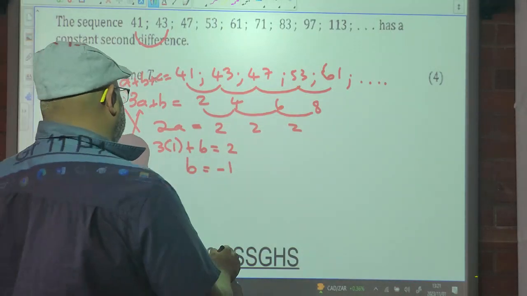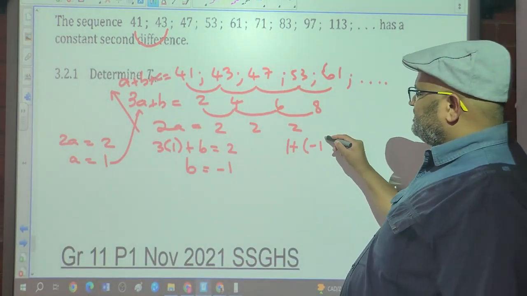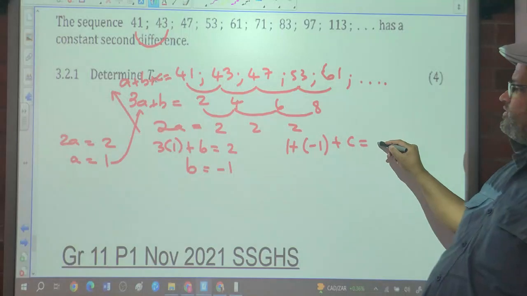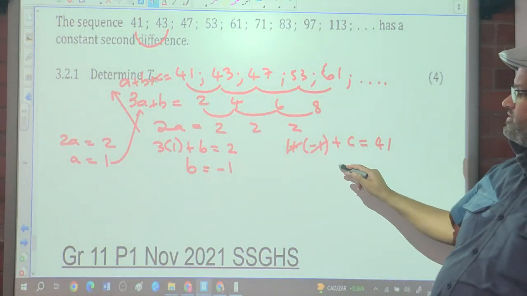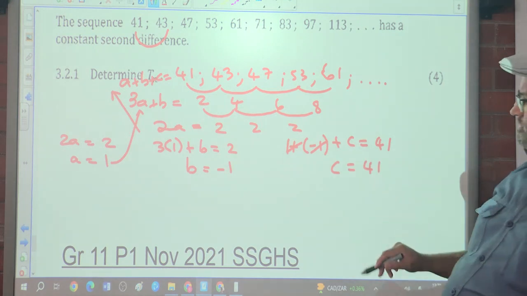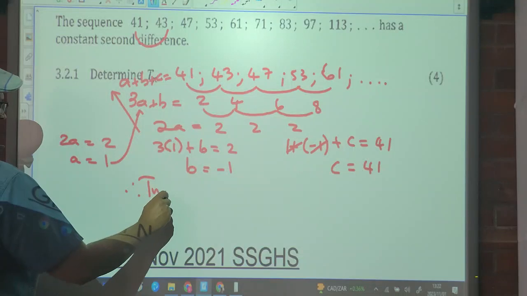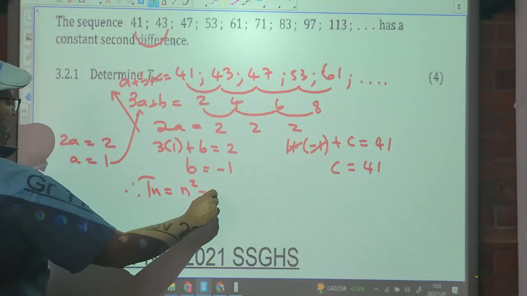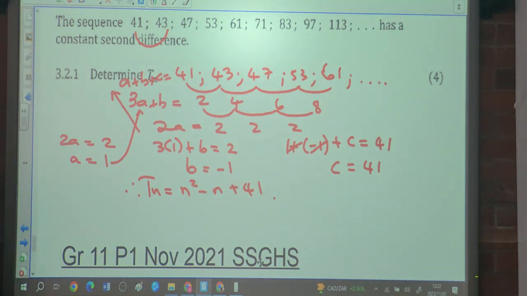And then a plus b, which is 1 plus negative 1, plus c is equal to 41. So that cancels, so c is 41. Therefore Tn is equal to n squared minus n plus 41.